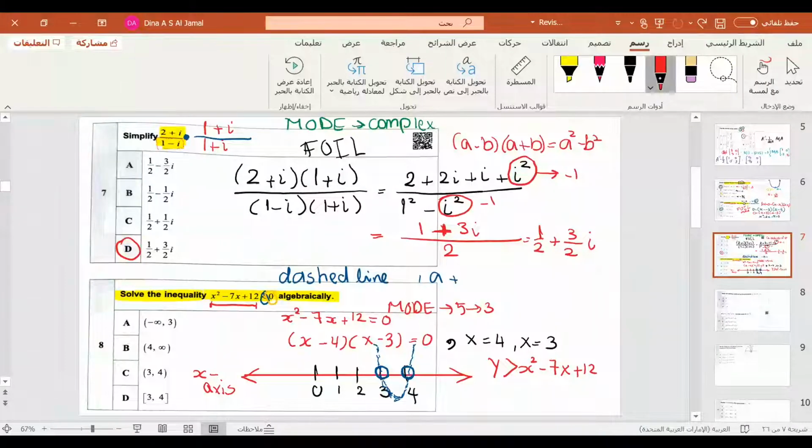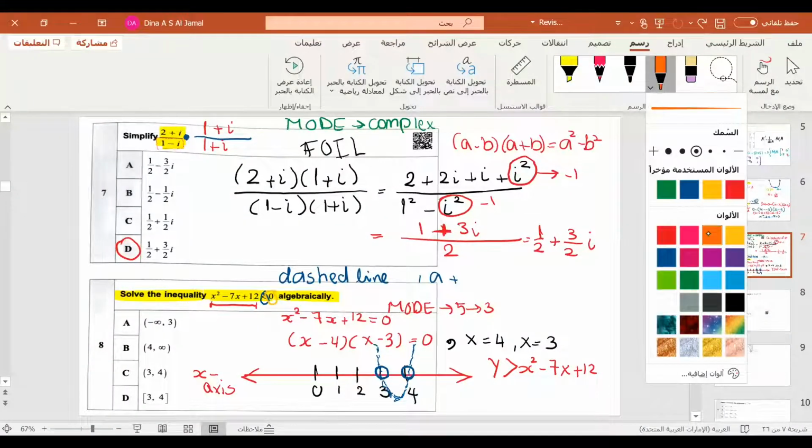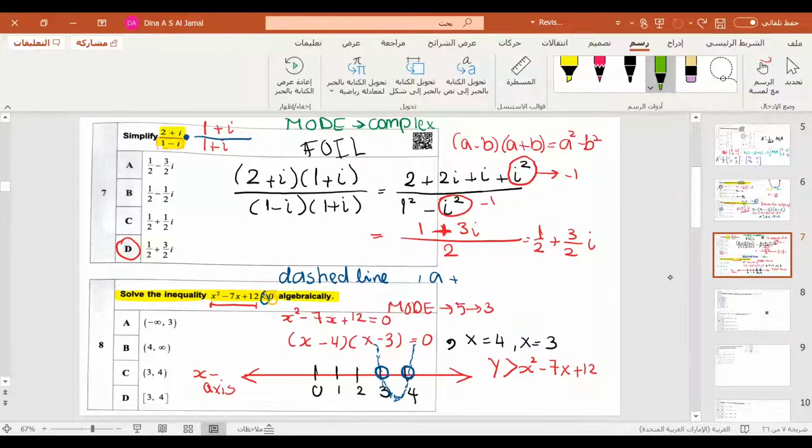I gave you a table previously, and you can use this table to color. If you thought of it, it will be above. That means you will be coloring all this. That means your solution will be between 3 and 4. So your solution set will be between 3 and 4.